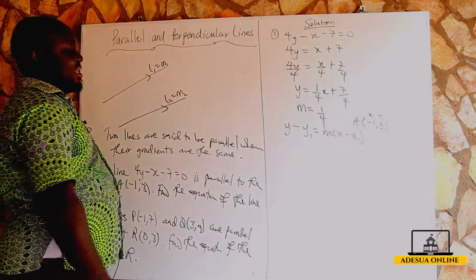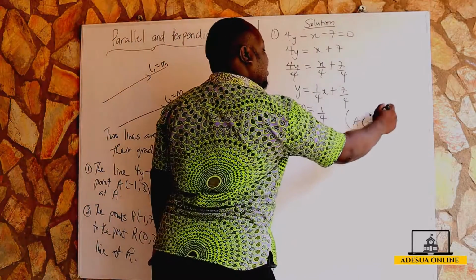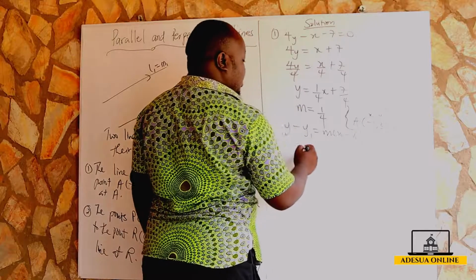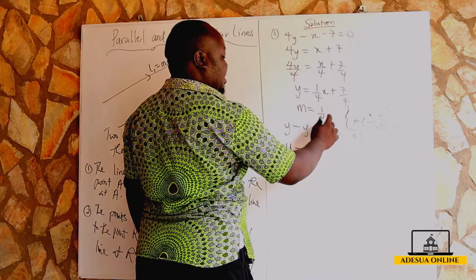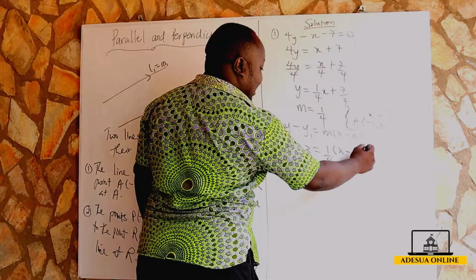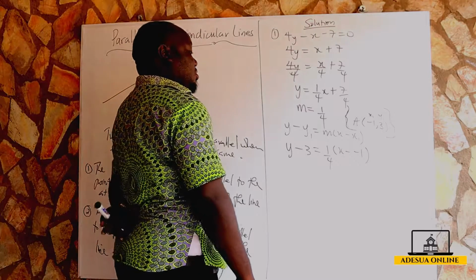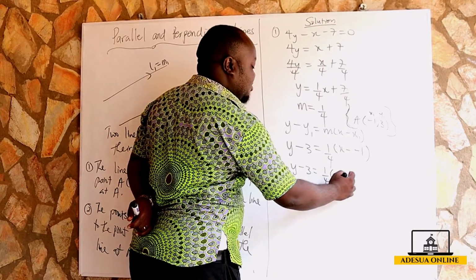So y minus y1, which is 3, equal to the gradient 1 over 4 into x minus (-1). So this is y minus 3 equals 1 over 4 into x plus 1.